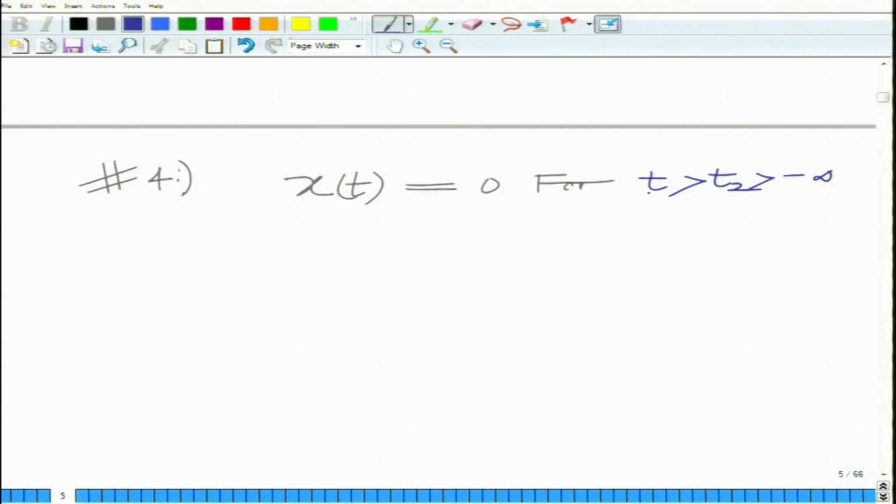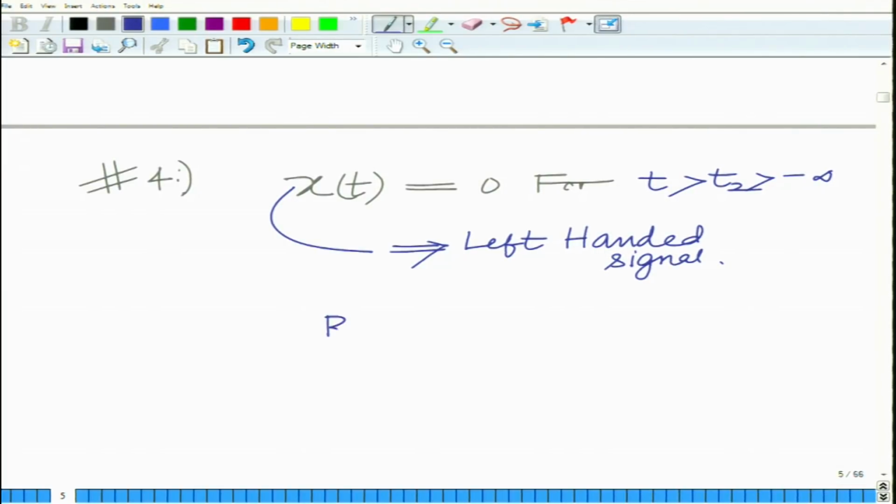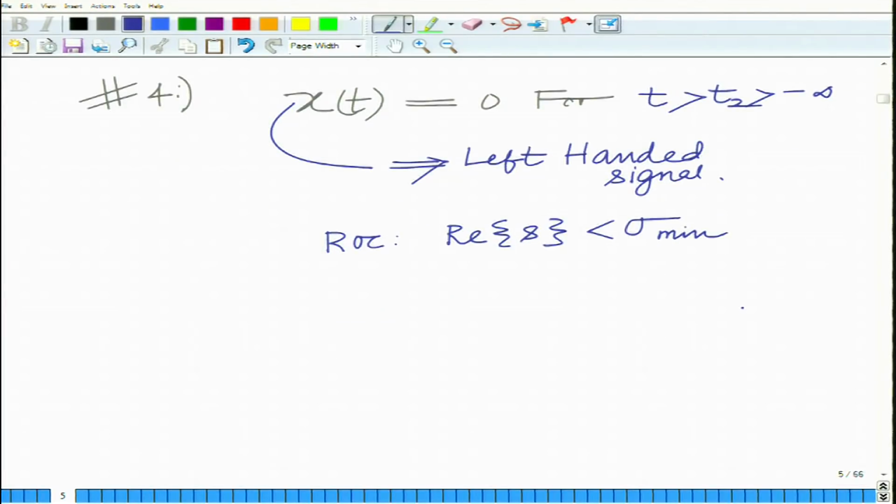This is termed a left handed signal, and the ROC of this is of the form real part of S less than sigma min, where sigma min is the minimum of the real part of the poles of X of s. It is the opposite of the right handed signal.